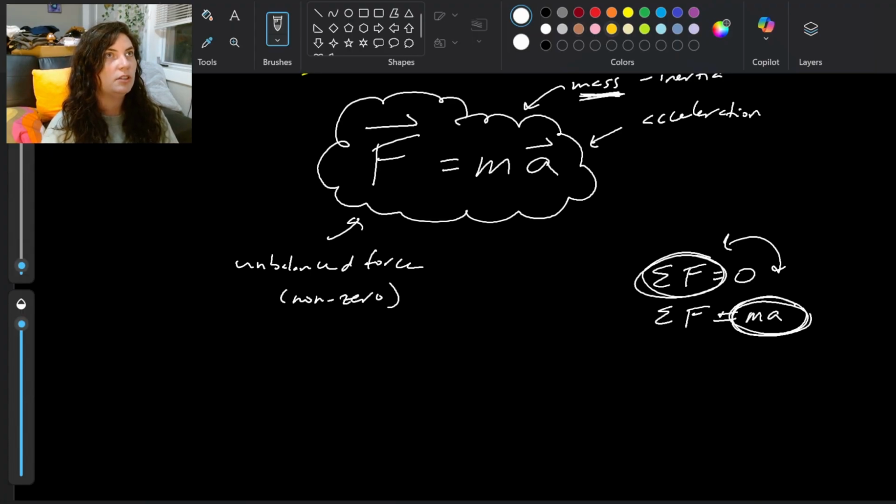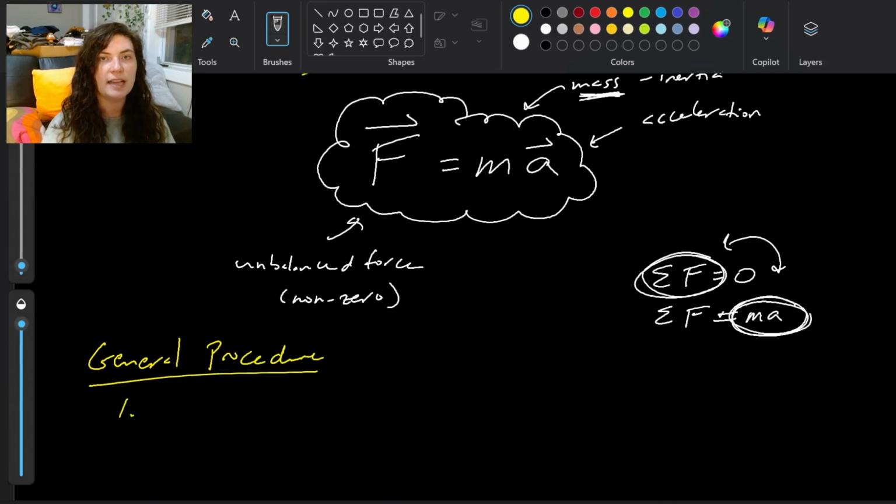So our general rules, general procedure for solving these types of problems is that first we're going to set a coordinate system. And this is, as we worked with in kinematics, this could be a rectangular coordinate system.